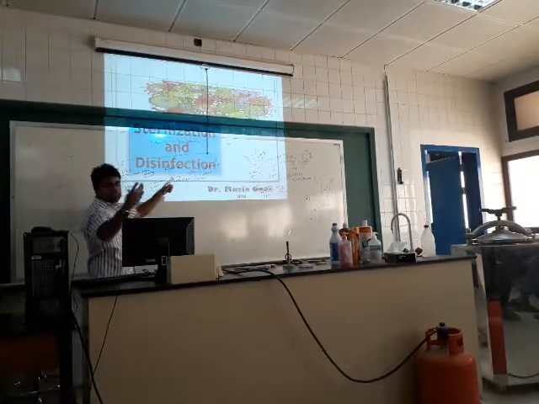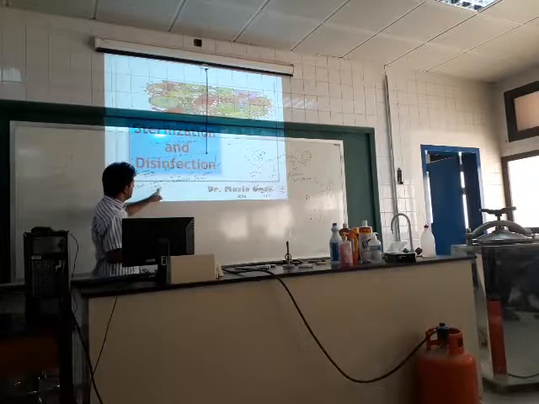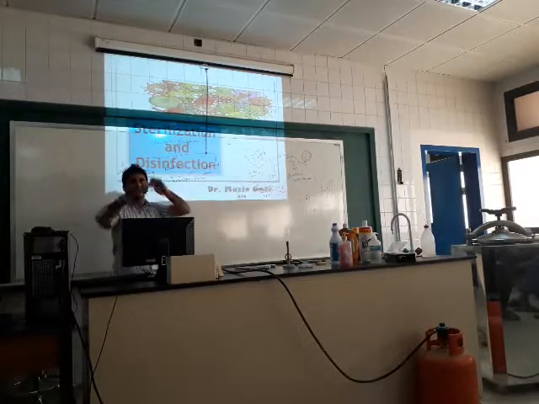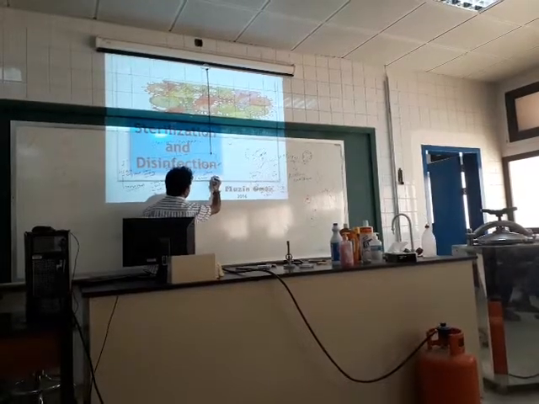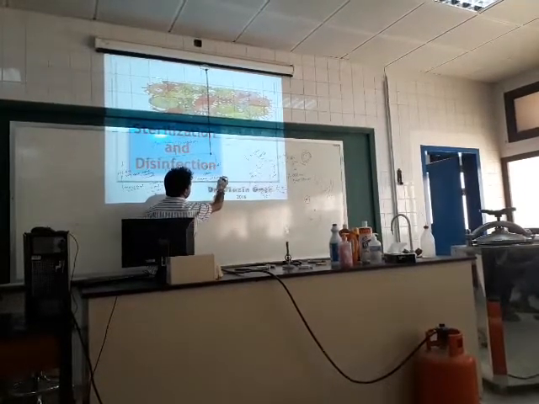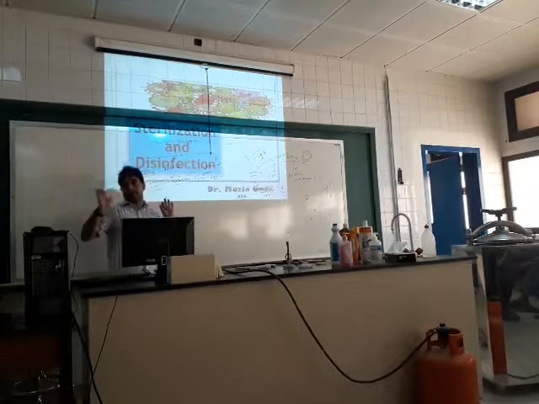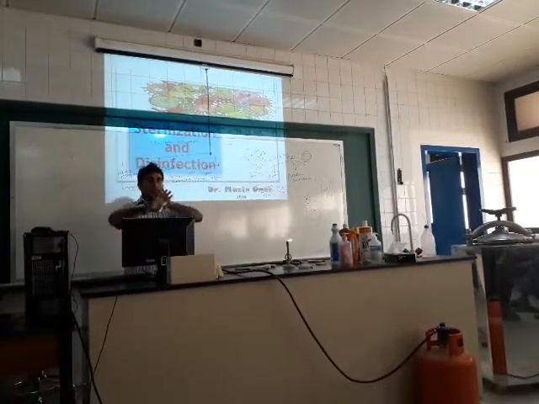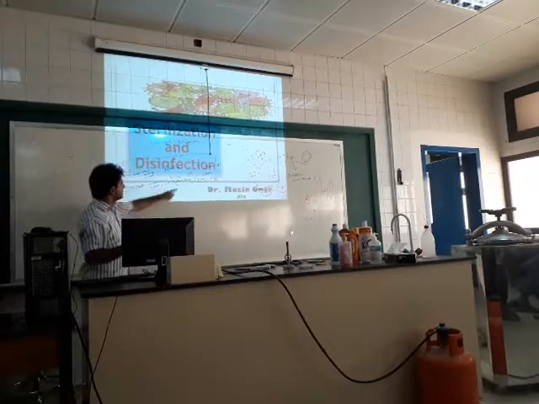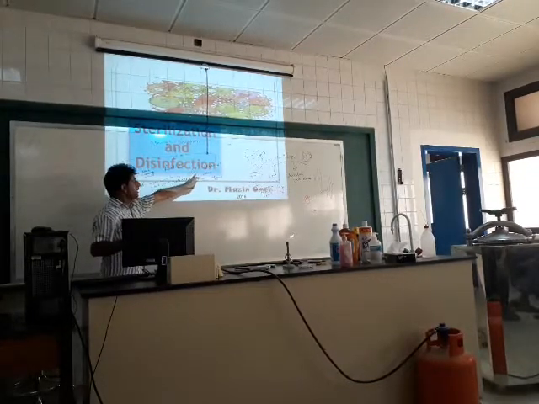In boiling, you will have steam too, but at a temperature greater than 100, it will create steam that destroys all forms of microbes, including spores. The autoclave kills the spores and all microbes, because the temperature is above 100.